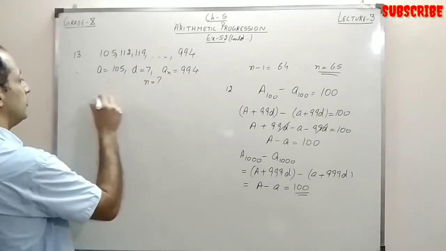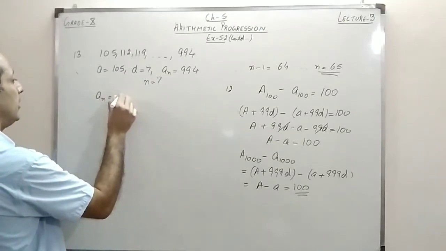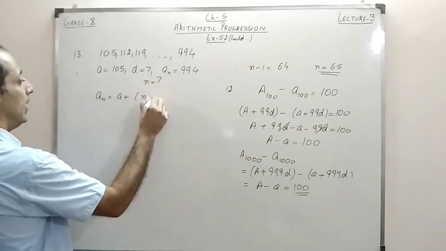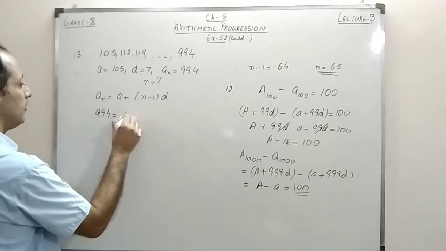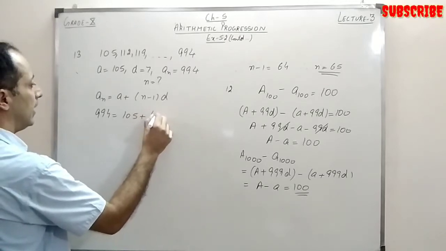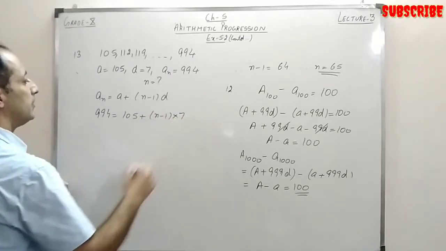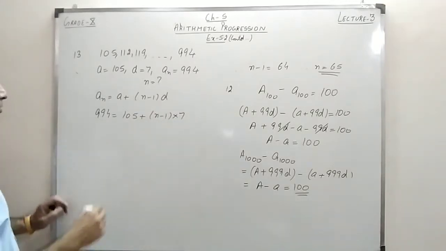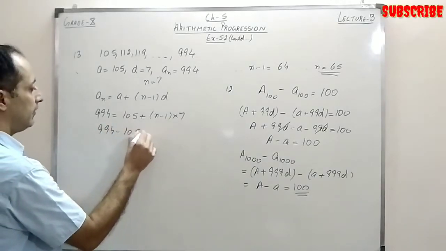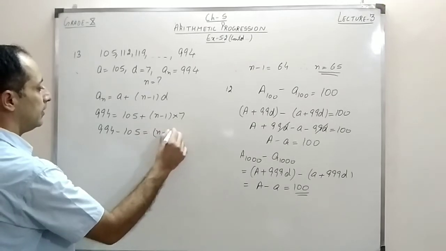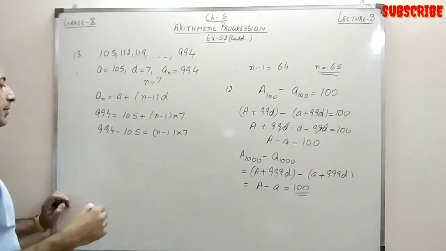It's quite simple. You can write AN equal to A plus N minus 1 into D. So this is 994 equal to 105 plus N minus 1 into 7. And if you proceed further, this is 994 minus 105 equal to N minus 1 into 7. After subtracting, what do you get?